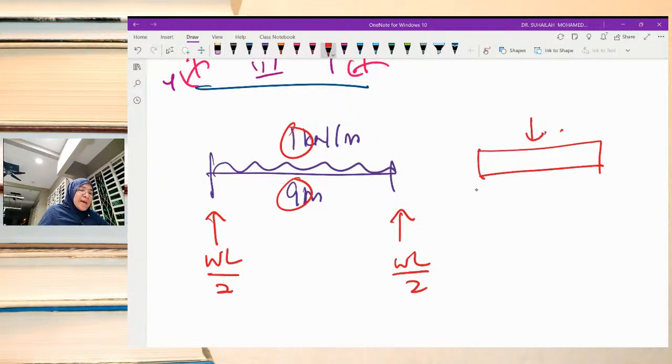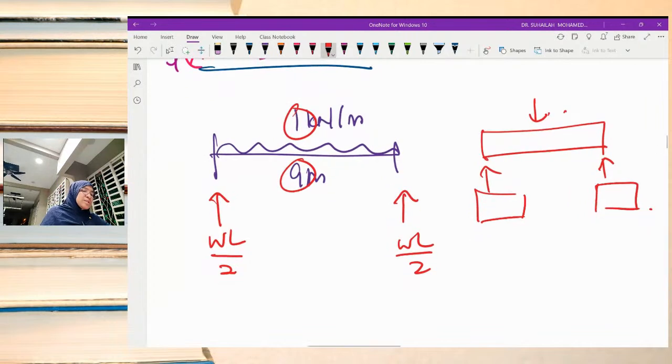So WL is located at the center. To distribute it equivalently, it will balance at A and at B. So the formula is WL over 2, WL over 2.